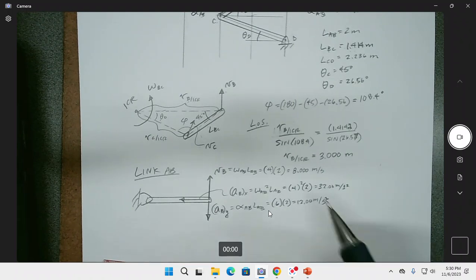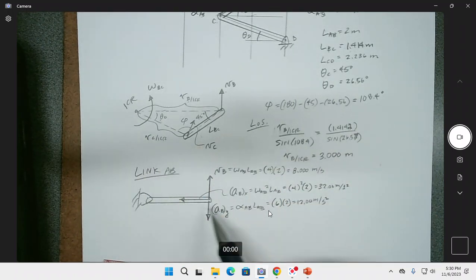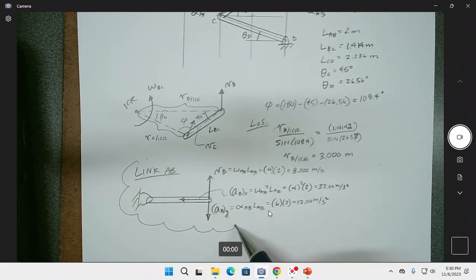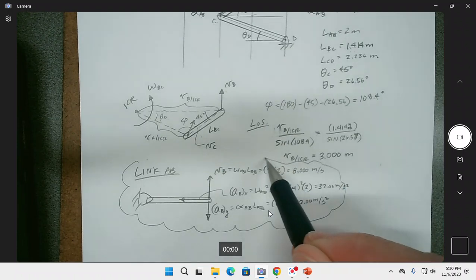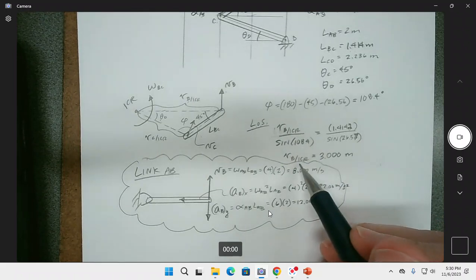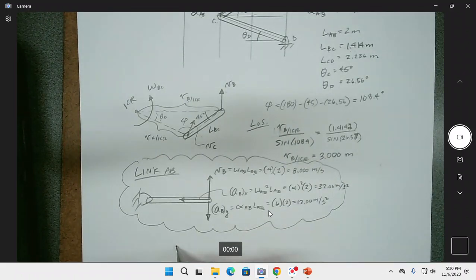All right, so this is sort of an aside because we needed this VB, so maybe I'll put a thought bubble. I just like the thought bubbles. It's like it's floating in a cloud. So now we can find omega BC by taking VB that we just calculated, divided by RB with respect to ICR.